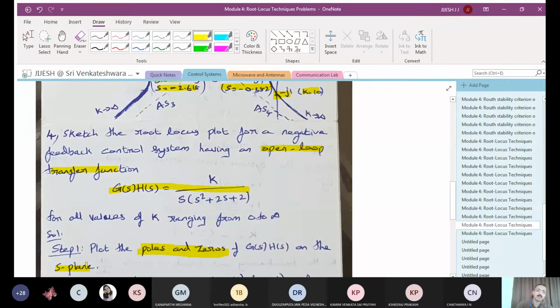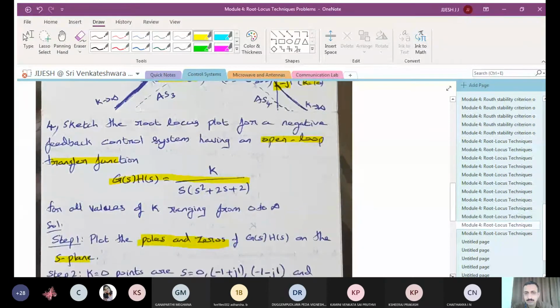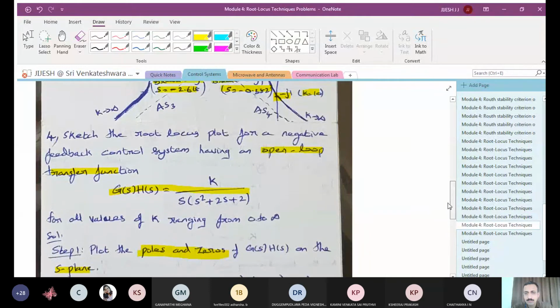So poles and zeros. Who will tell how many poles and how many zeros are there here? How many zeros are there? You are still writing the problem.